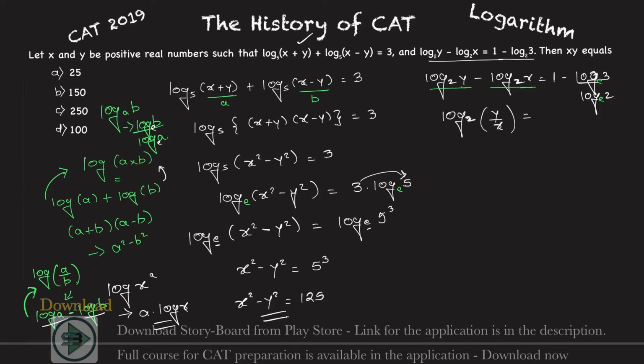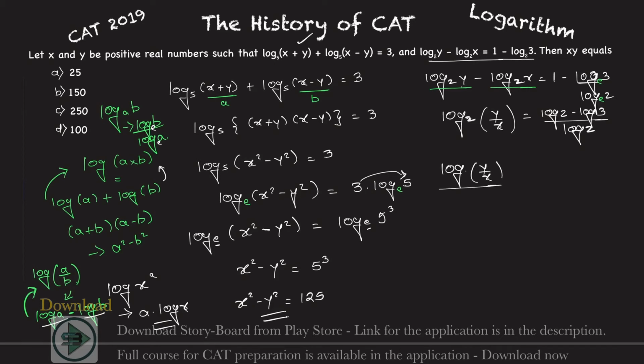Okay, so how will I write this now? Let's put this as log 2 minus log 3. Okay, that's what I have here, divided by what? Log 2. Okay, now what can I do with this? Yes, this log 2 will get cancelled, right? So all that I'll get here is log to the base of y by x.